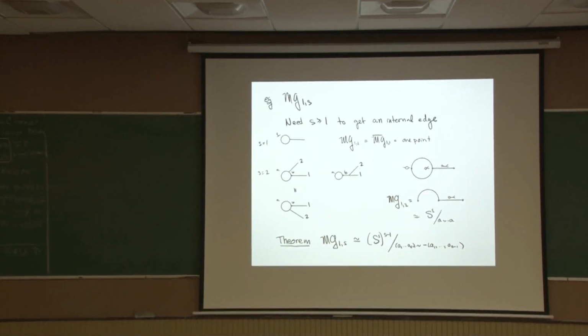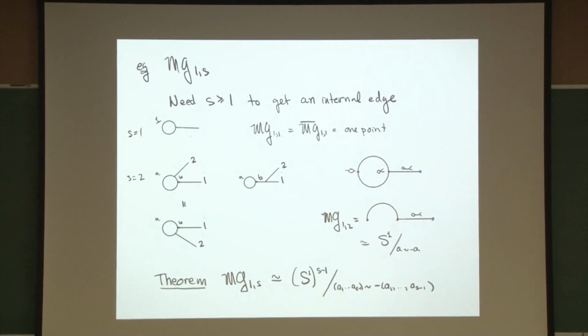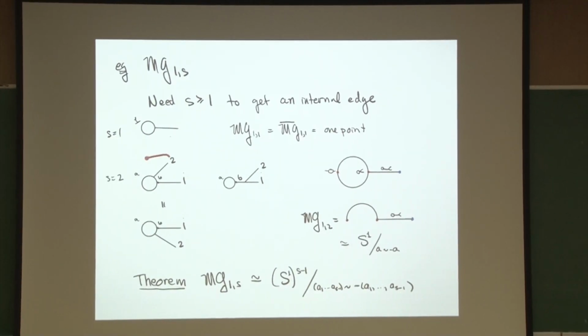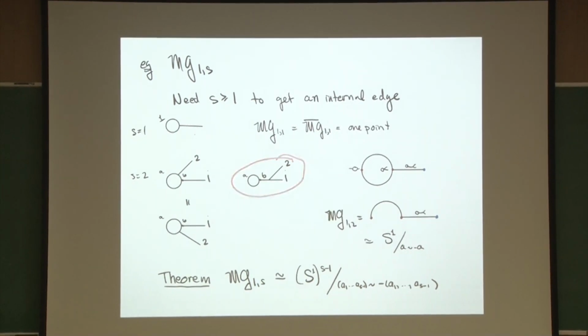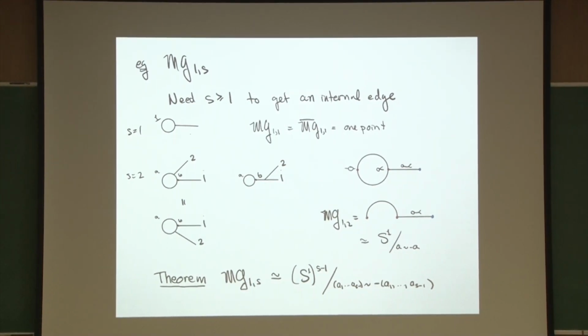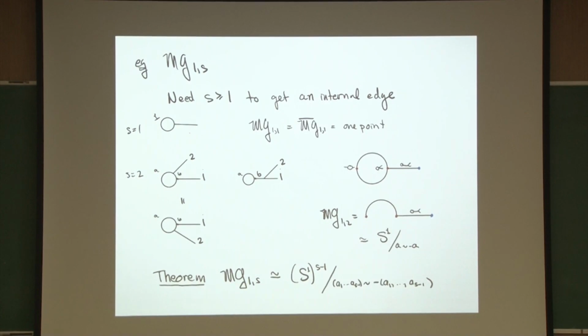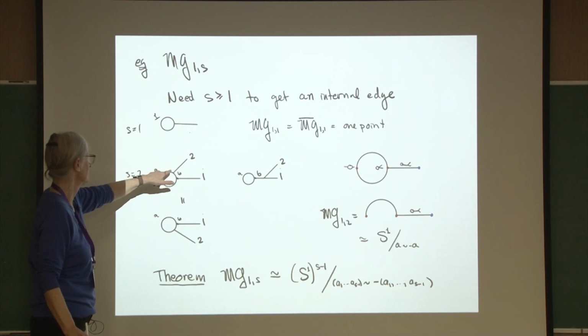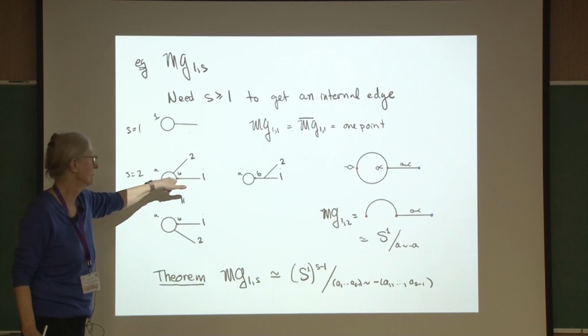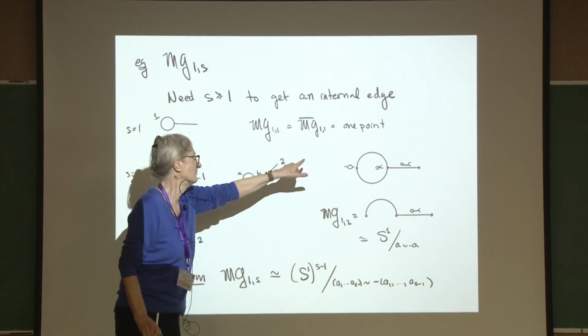If S equals 2, you've got two possibilities. You might have both leaves attached to the circle, or you might have one leaf attached to another leaf. You can think of the first leaf as pointing to a base point on the circle, and then the second leaf wraps around the circle, giving you a whole circle of graphs.